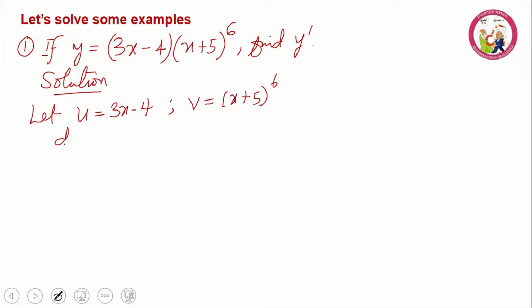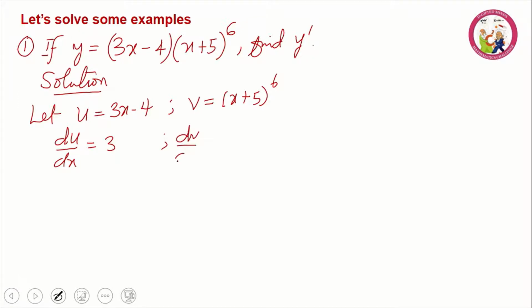Differentiate u with respect to x. This should be equal to 3. Remember, by applying the direct rule of differentiation, differentiate this linear expression with respect to x. Differentiate 3x, that will be 3. The derivative of 4 is 0 because 4 is a constant.